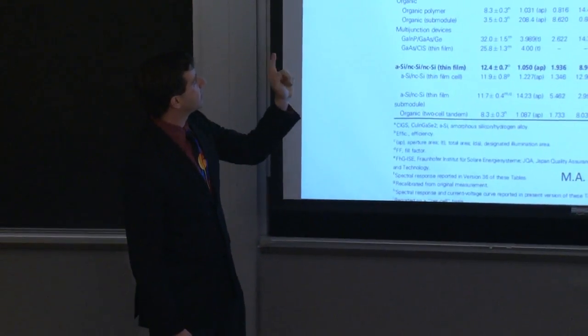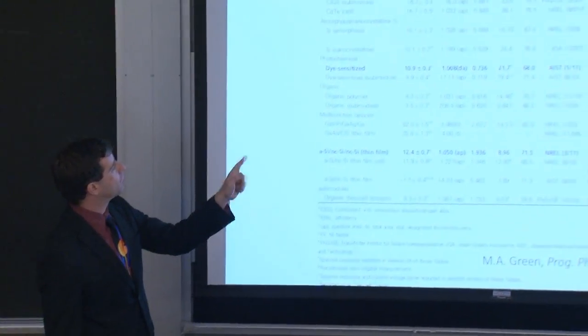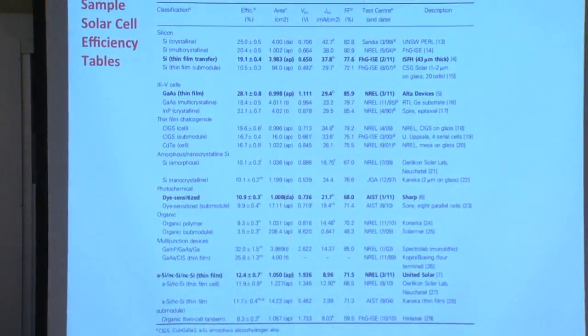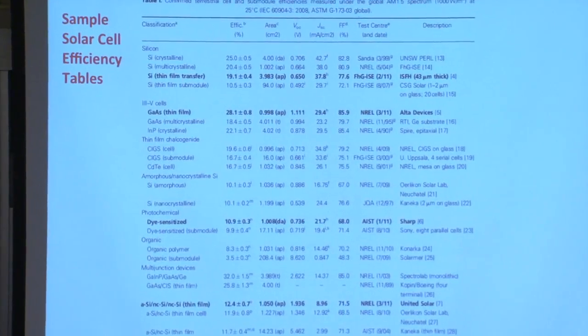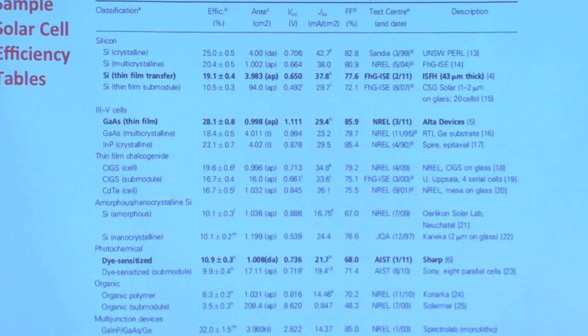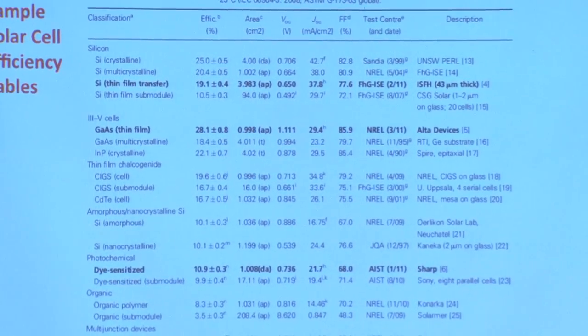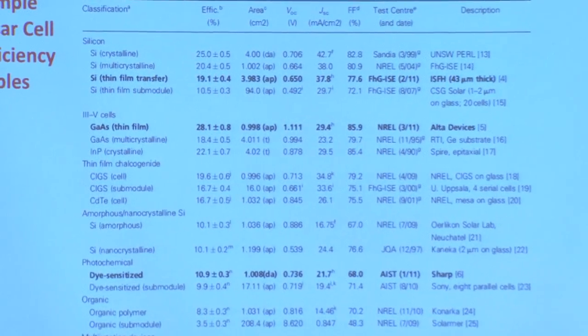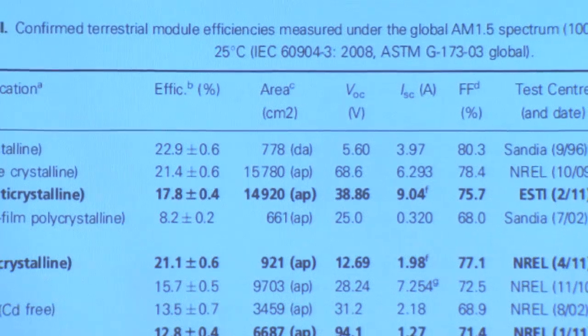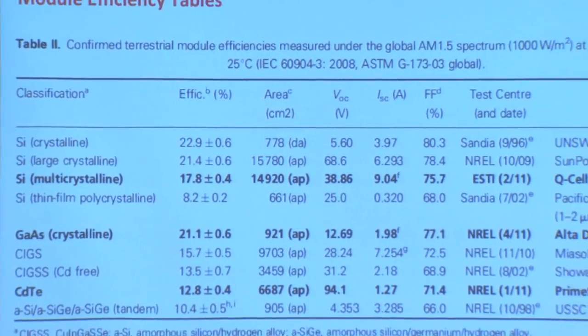Another thing to keep in mind, look at gallium arsenide at 28.1%, just achieved by Alta Devices in March. Keep that number, 28.1 plus or minus 0.8%, in your mind, at least the first one, 28.1. We'll march on to the module efficiency tables right here.